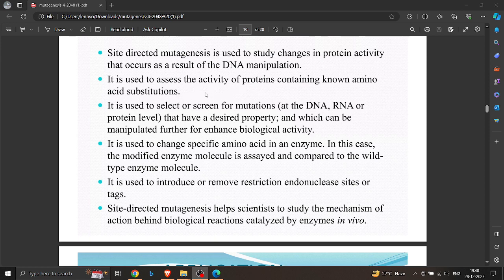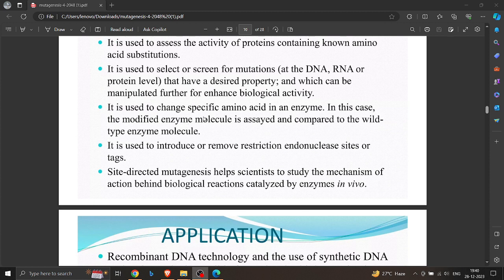It is used to assess the activity of proteins containing known amino acid substitutions, and to select or screen for mutations at the DNA, RNA, or protein level, which can be manipulated further for enhanced biological activity. It is used to change specific amino acids in an enzyme, and to modify the enzyme molecule.